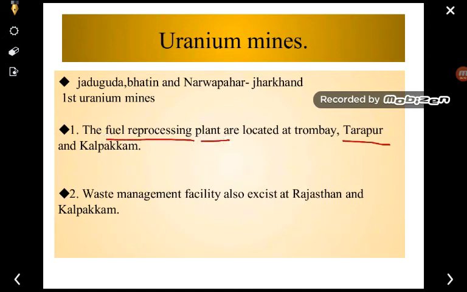So here in the case of Jharkhand, these are the mines of uranium where the mining of uranium is done. And Jaduguda is the first uranium mine. But regarding the fuel processing plant, it is located in Trombay, Tarapur and Kalpakkam.